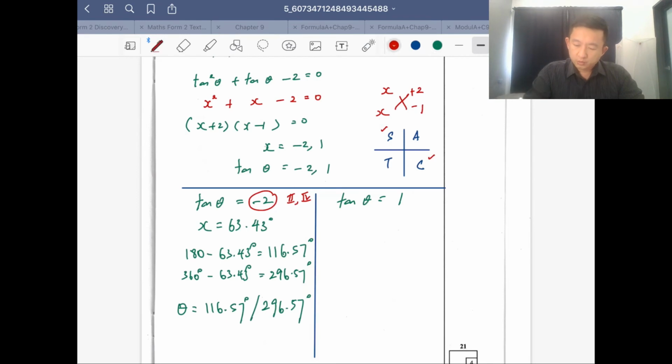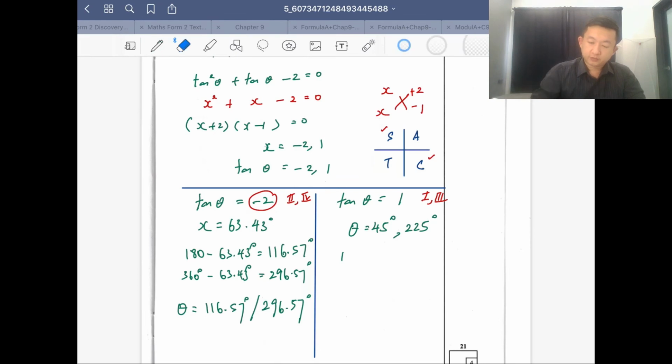So quadrant 1 and quadrant 3. This one, you can find theta straight away. Quadrant 1, the reference angle, 45. Another one, quadrant 3, so 180 plus 45, 225. So you should have 4 answers for theta.